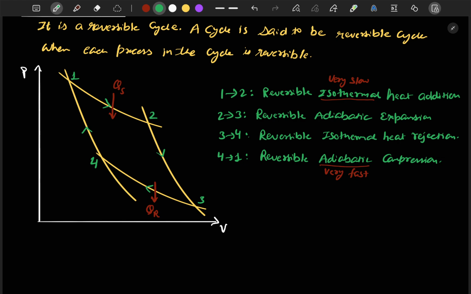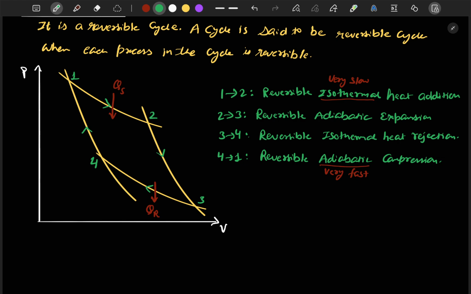If we want to combine both very slow and very fast processes, this is not feasible. Therefore the Carnot cycle is not a practical cycle, but it is used for comparing other actual cycles. You cannot create a cycle in which one process is very fast and another very slow.